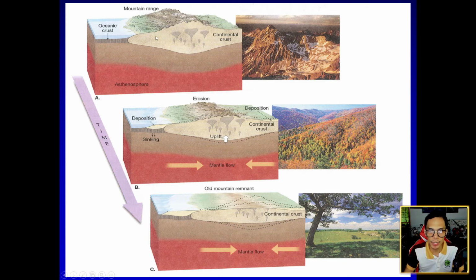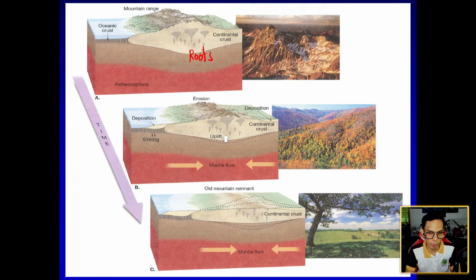For example, the original region is made up of mountain ranges that you have over here. As we can see right here, the mountain tops are over here, and if there are mountain tops, there are also roots of that particular mountain.